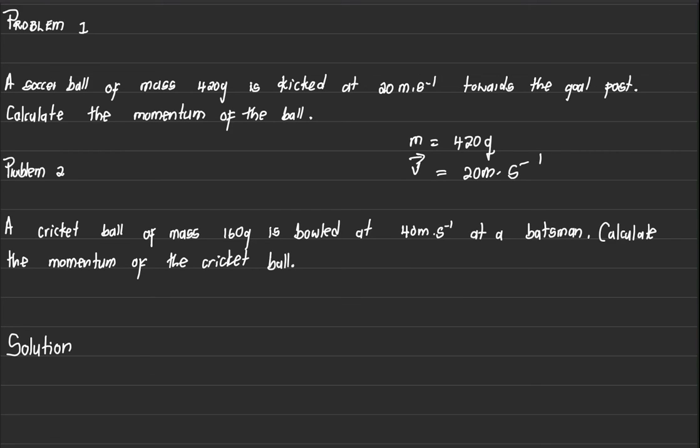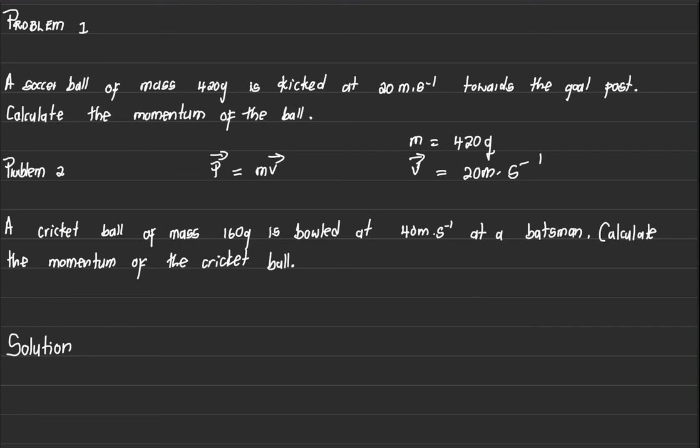And then we have to remember our formula. So our formula is P, which is equal to mv, momentum equals mass multiplied by the velocity. So we need to check our mass.